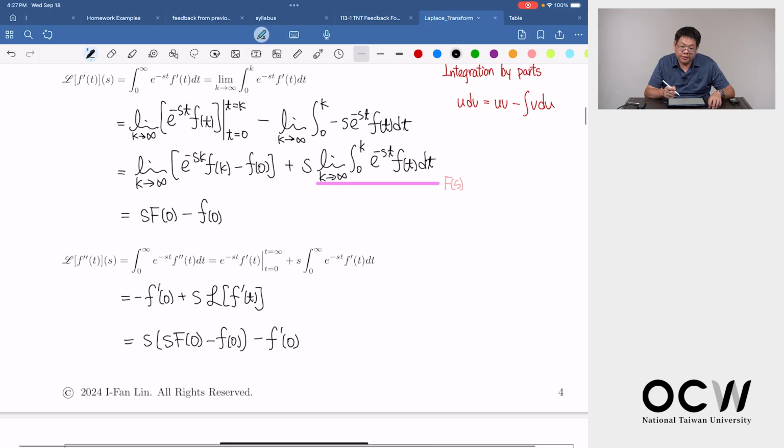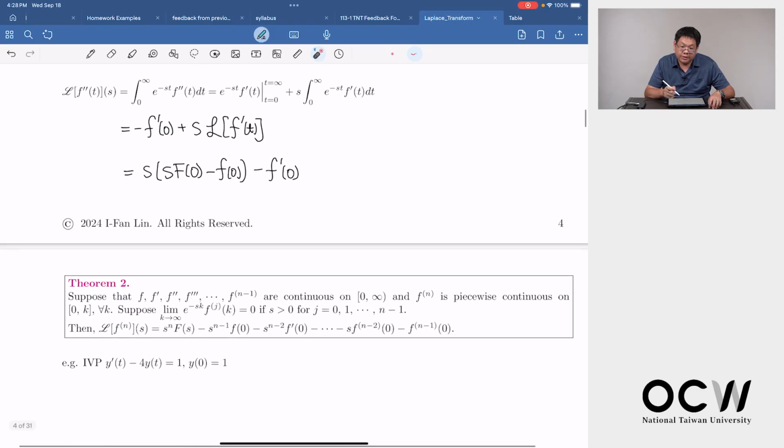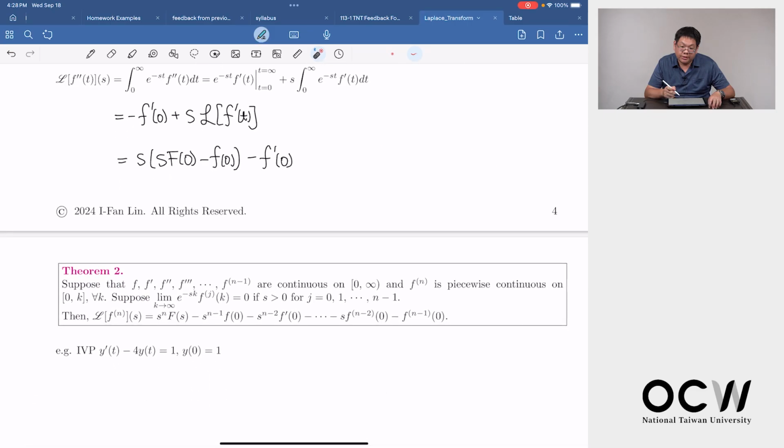You can also continue to do this same thing to find the Laplace transform of f triple prime or even more, and you will see the pattern. Here is the pattern. Suppose the first n minus 1 order derivatives are continuous, and the nth derivative is piecewise continuous.